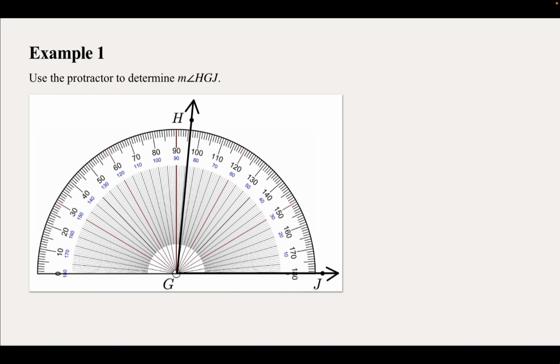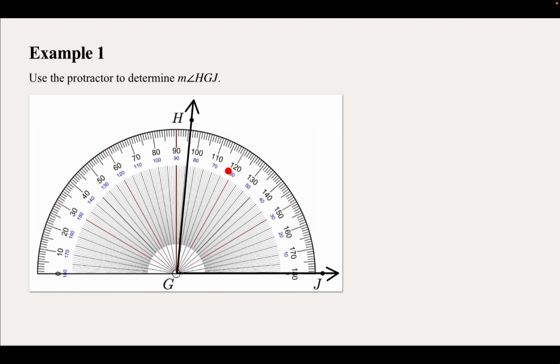Now, depending on which side of the protractor you're on, it will change which numbers you use. So for me, I've got this on the right-hand side of the protractor. So I'm actually going to use these little blue numbers because those are the numbers that are increasing as I move towards my other side. So I'm going from 0 to 10, 20, 30, 40, 50, 60, 70, 80, and then an additional 4 tick marks after that.